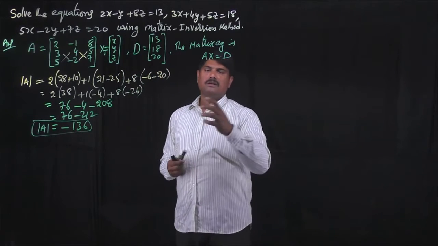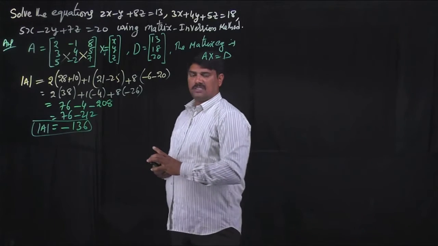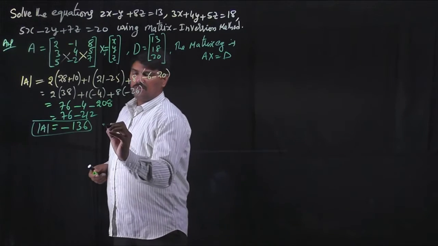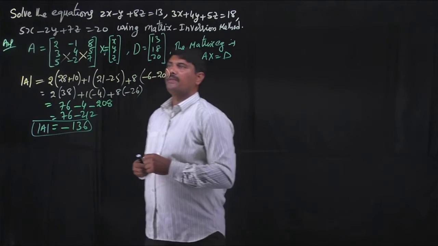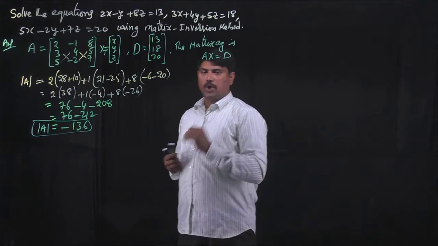So you can solve the equations using the matrix inversion method since A is non-singular, det A is not equal to 0. Later you need to find the adjoint matrix.